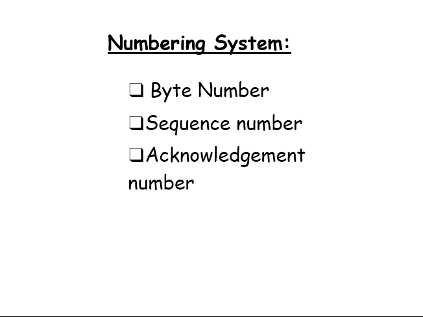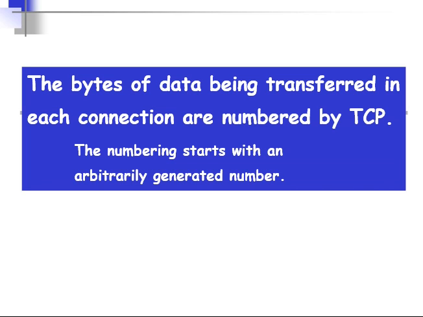Okay, now let's see, there are several things in TCP including byte number, sequence number and acknowledgement number. The bytes of the data being transferred in each connection are numbered by TCP. If the TCP sender is sending 1000 bytes, there is a numbering from, let's say, 1 to 1000 for each byte that the sender wants to send.